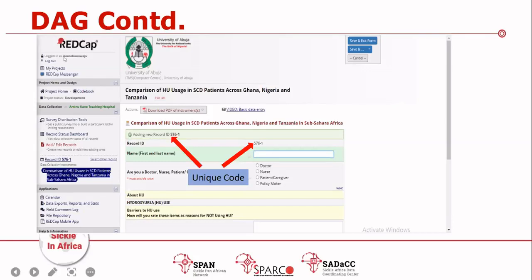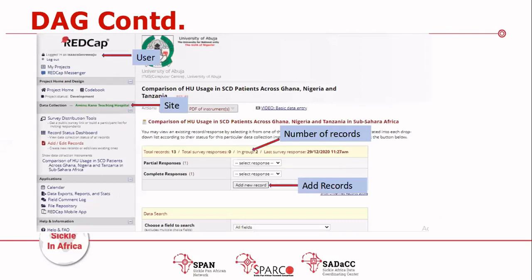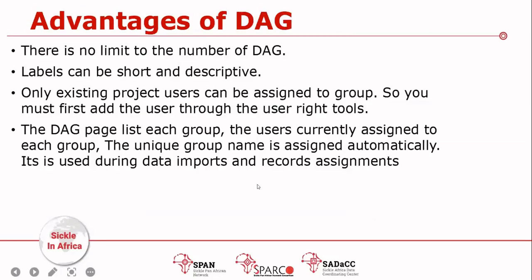You will see that I've logged in as Isaac here, and the data is collected in Aminu Kano Teaching Hospital, as shown here. And this unique code 576 will be shown on every record that Isaac enters. This is also showing the number of records that Isaac has entered on this project. With this button, he can add new records.